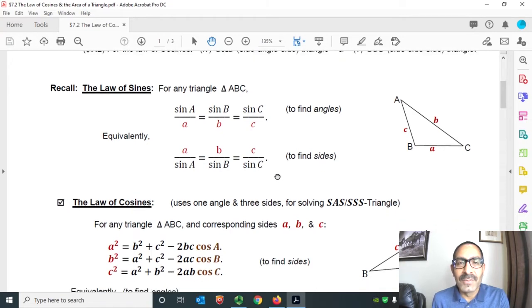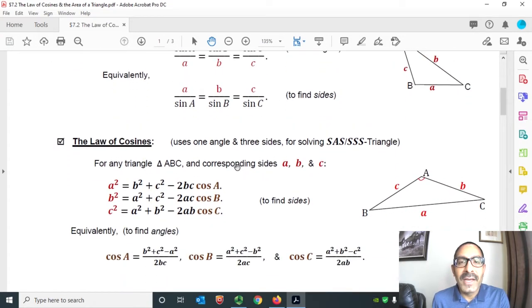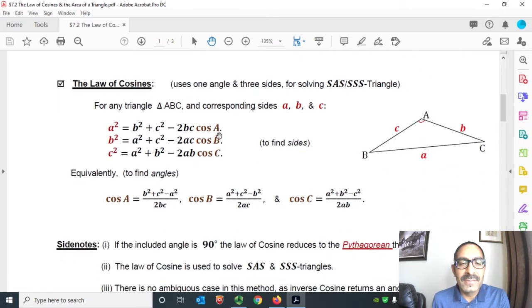Awesome. Now let's move on. So next, the law of cosines.